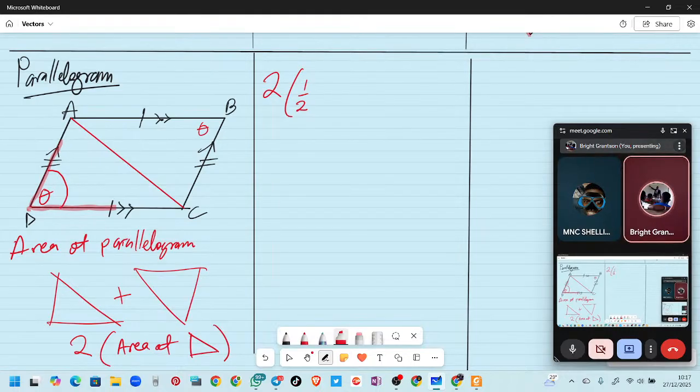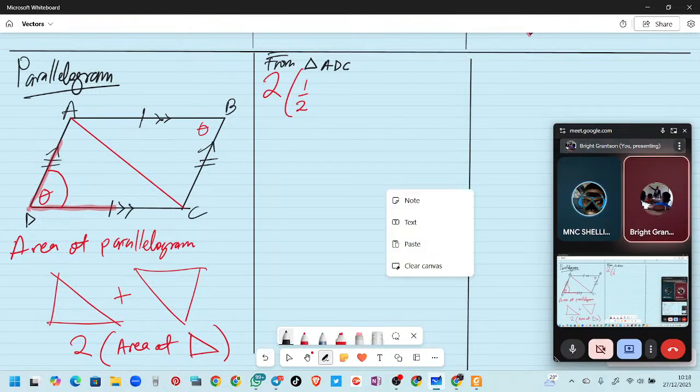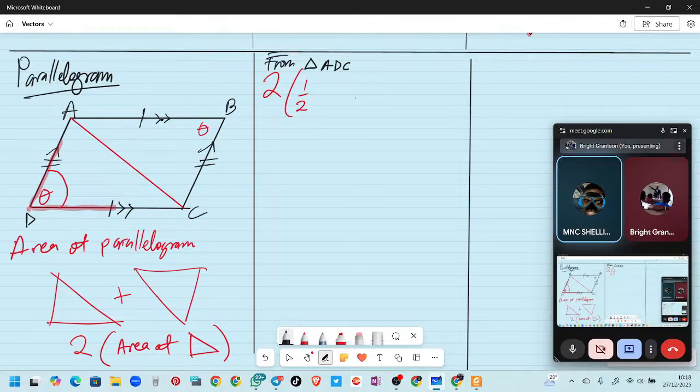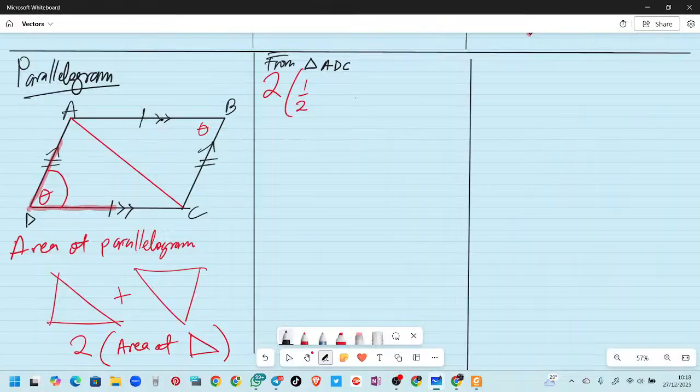According to triangle ADC, this becomes 2 times half. Now we are going to use this triangle. So what do I write? I want to use this triangle alone.